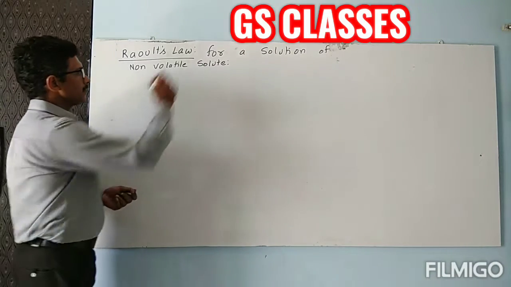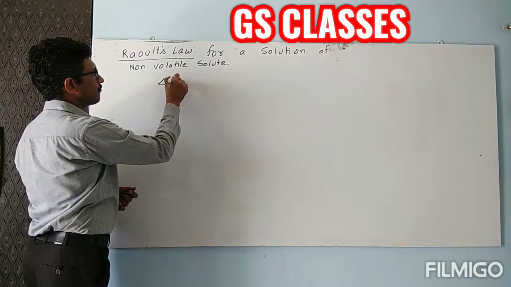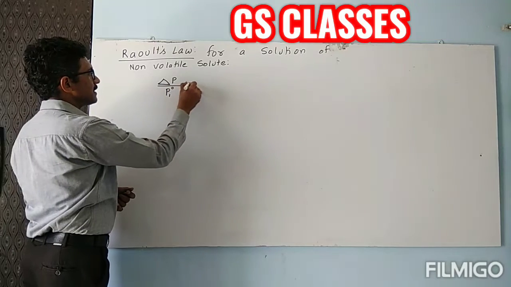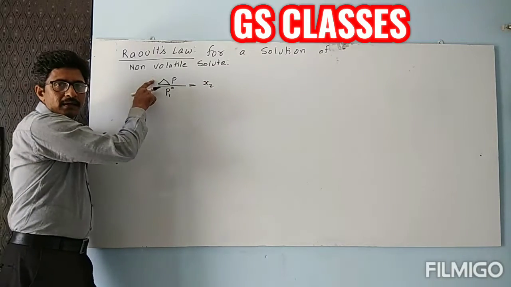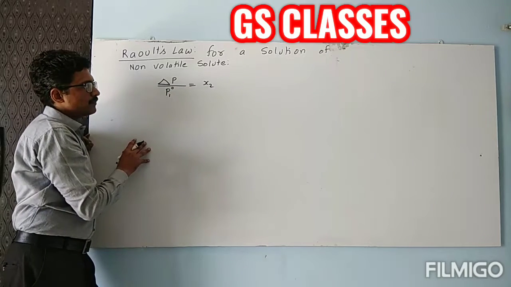So, children, we have already seen relative lowering of vapor pressure. Delta P upon P1 standard equals X2.